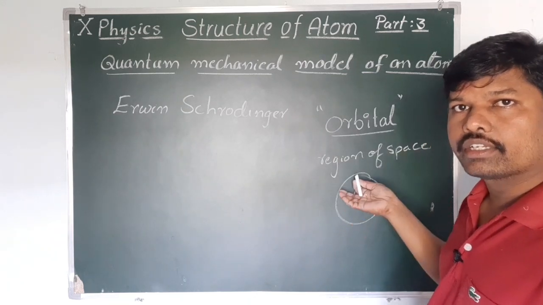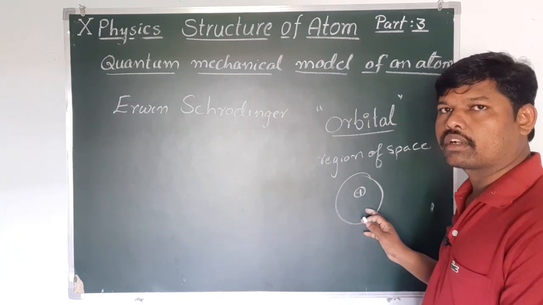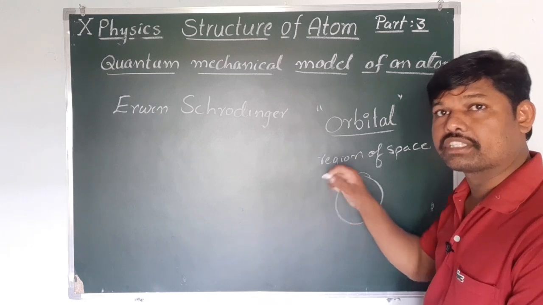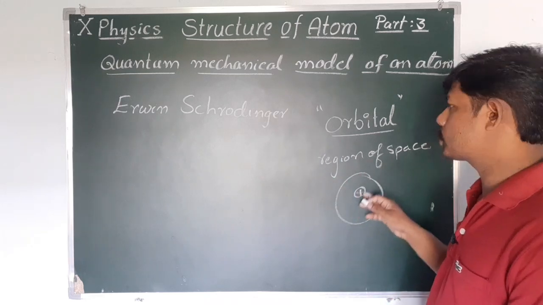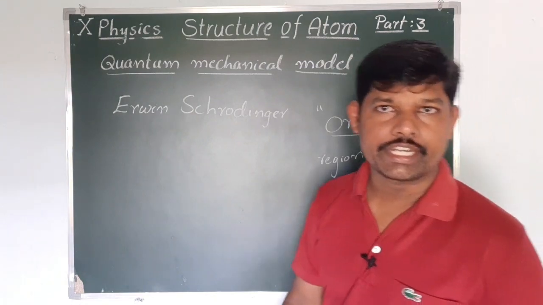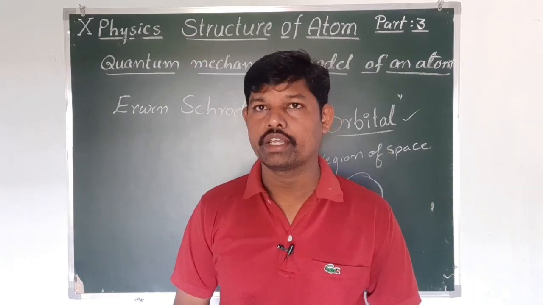In that, at any point, the electrons may be present. The probability of finding electrons is maximum in that region, which is called an orbital. You can underline the definition in the textbook.